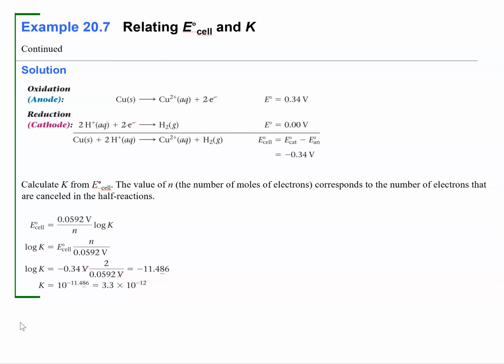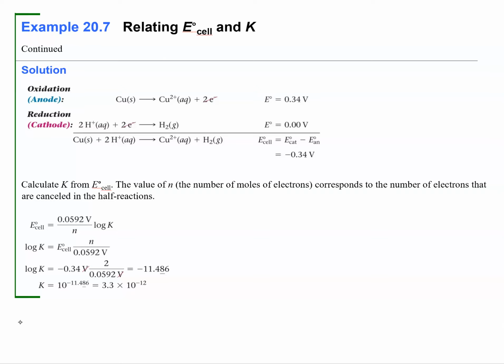If we look at the reduction half reaction at the cathode, where we're gaining electrons, we see 2 protons in aqueous phase receiving 2 electrons to form hydrogen gas, and this is our standard hydrogen electrode of 0.00 volts. When we put these together, the 2 electrons cancel, we get a nicely balanced equation, and when we subtract the anode from the cathode, we get a cell potential of negative 0.34 volts.